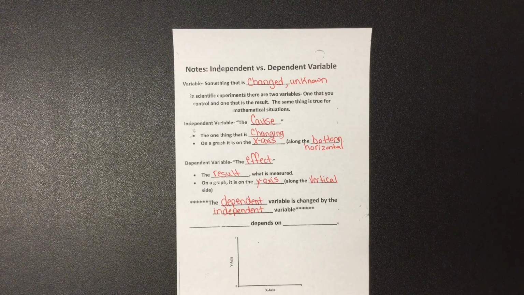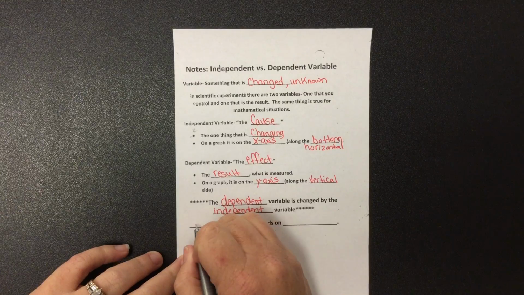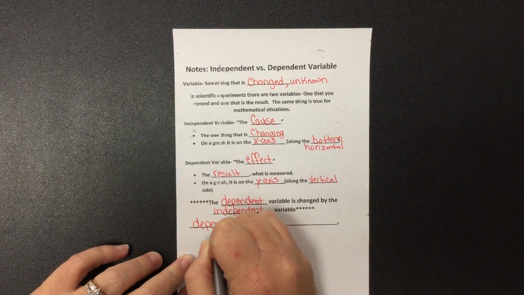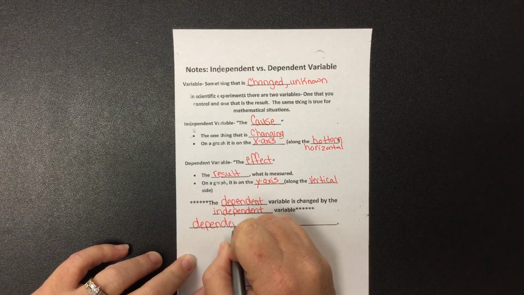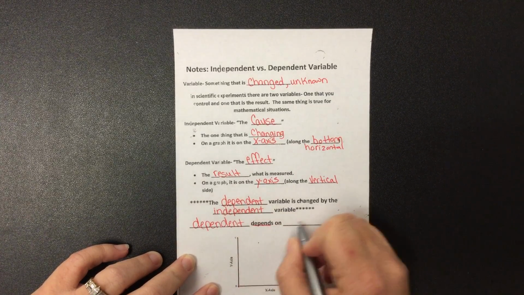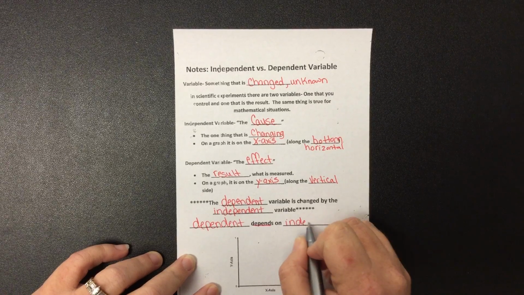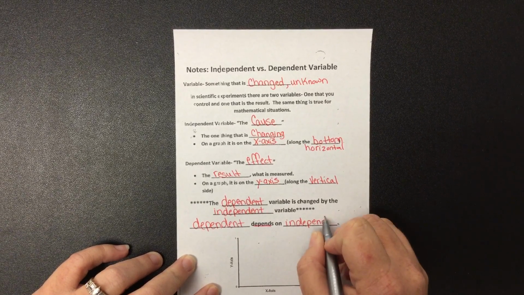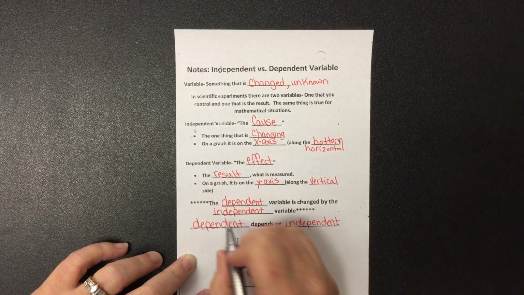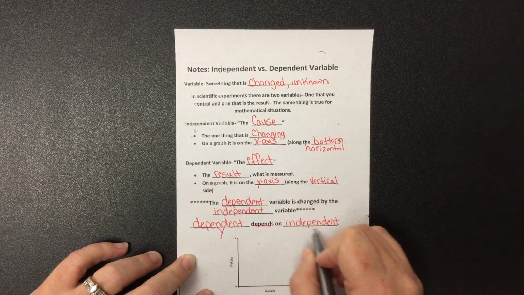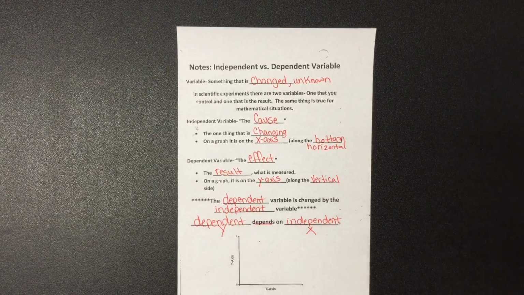All right, so ultimately, in the gist of everything that we just said, the dependent depends on the independent. Or in even simpler terms, y depends on x.